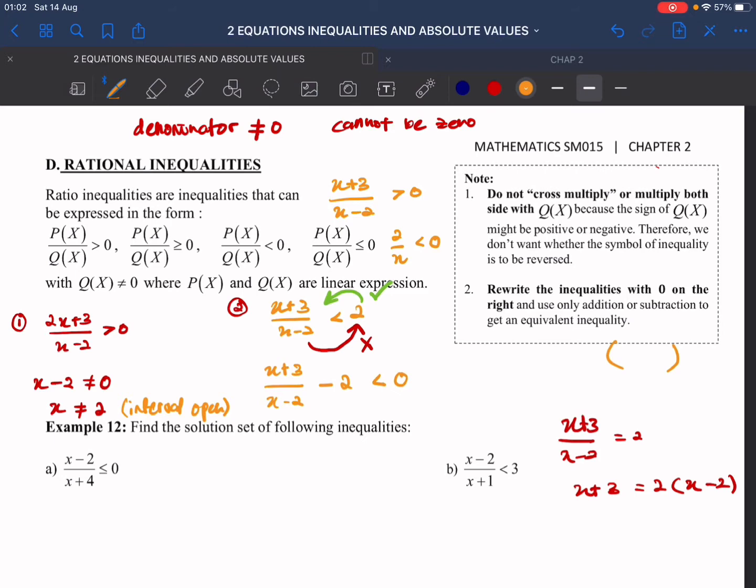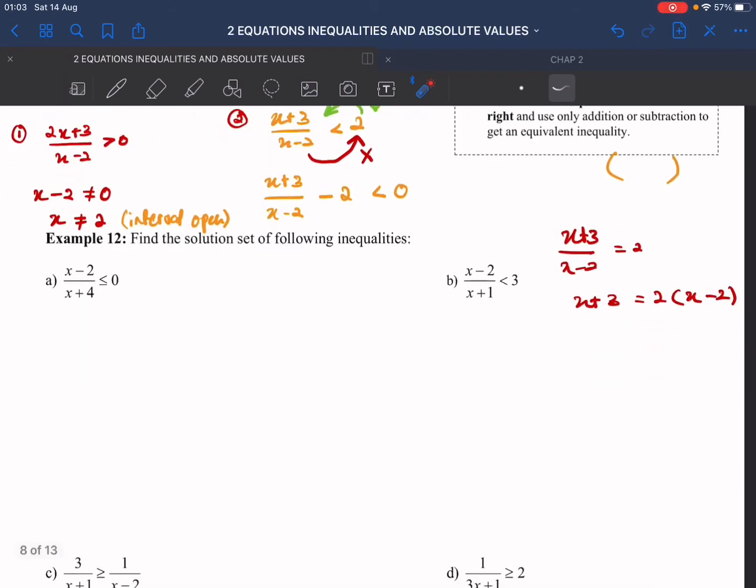Okay, so two most important thing in rational inequalities is your denominator should not be equals to 0 and do not cross multiply. Okay, ini tak boleh naik atas sini. So apa yang kita kena buat, semua yang di sebelah kanan kena bawa ke sebelah kiri. Okay, kena tolak lah, tolak ke tambah ke macam ni. Rewrite the inequalities with 0 on the right.